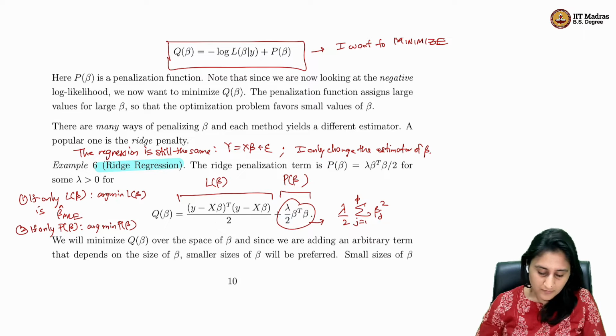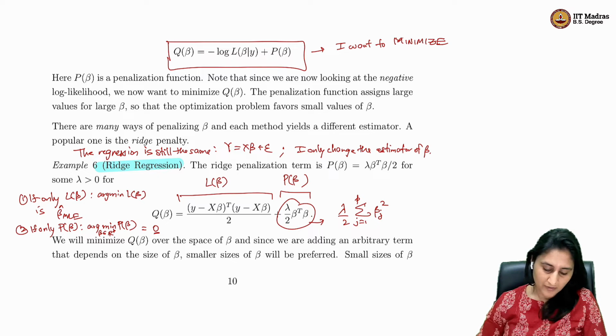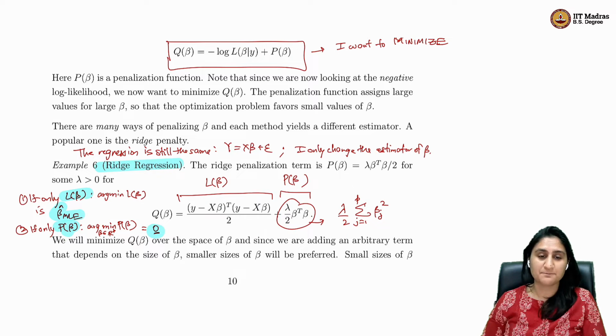So the argument in R^p that minimizes P beta has to be where this takes its smallest value, which is when all the betas are zero. So it is just the zero vector. Okay. So if only looking at L beta, I get the maximum likelihood estimator. If only looking at P beta, I get zero as my estimate.